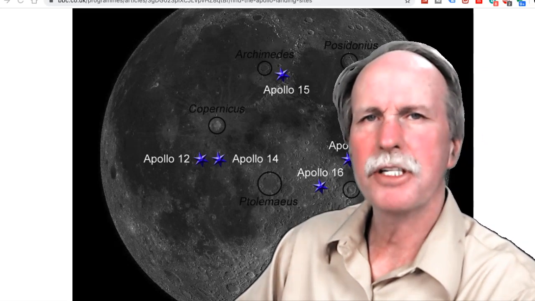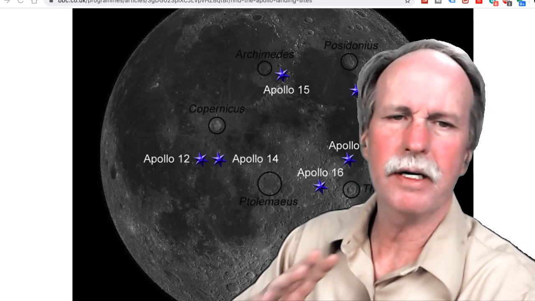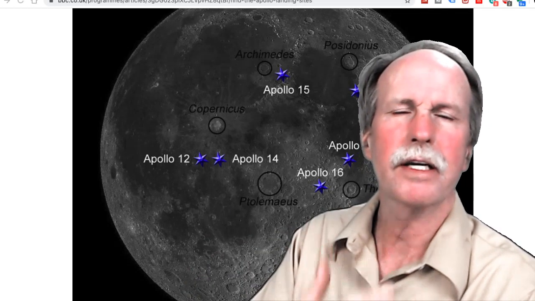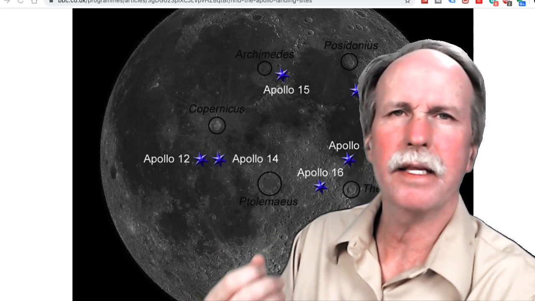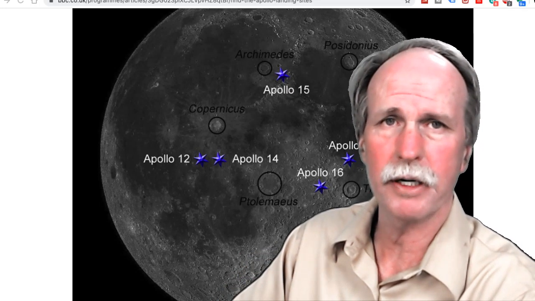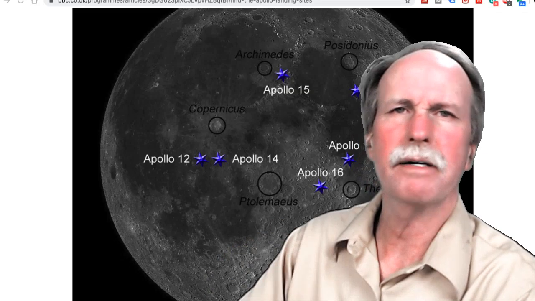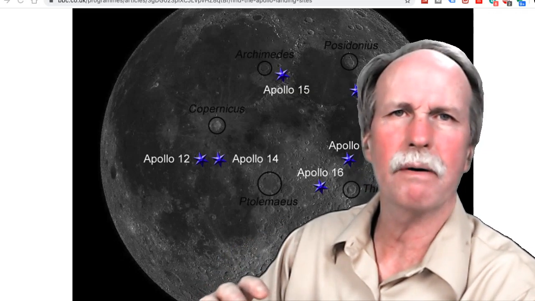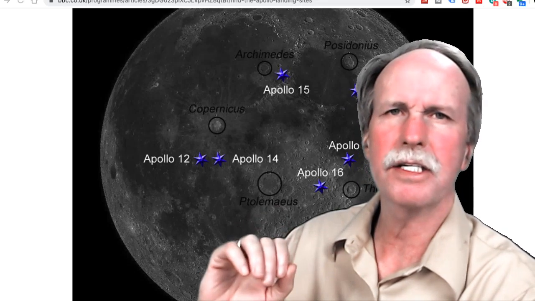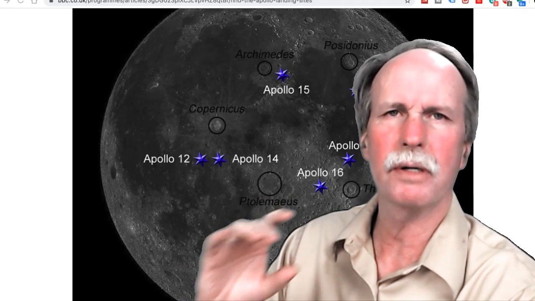Now, in future episodes, I'd like to actually have a look at all of these Apollo sites from the Earth, look at the geography of the area, and then see if we can actually pick out the sites from the Lunar Reconnaissance Orbiter. Now, most amateur telescopes have got a resolving power on the order of 1 arcsecond. And at the distance to the moon, that's over 2 kilometers.